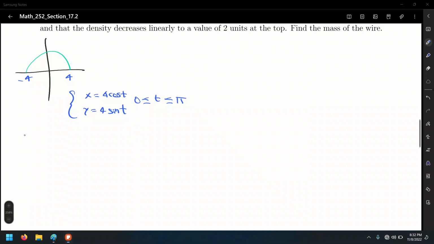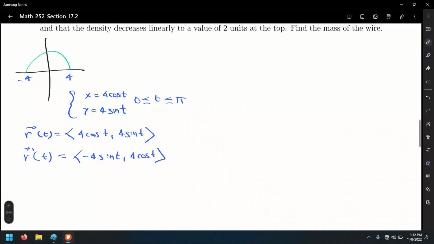So r of t, the parametric equation in vector form, has components 4 cosine t and 4 sine t. Find the derivative, because that's going to be part of the line integral: -4 sine t, 4 cosine t.